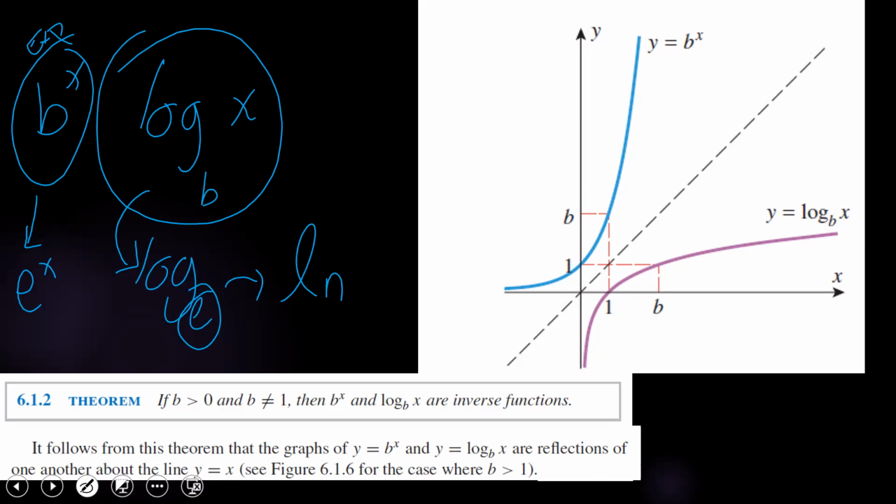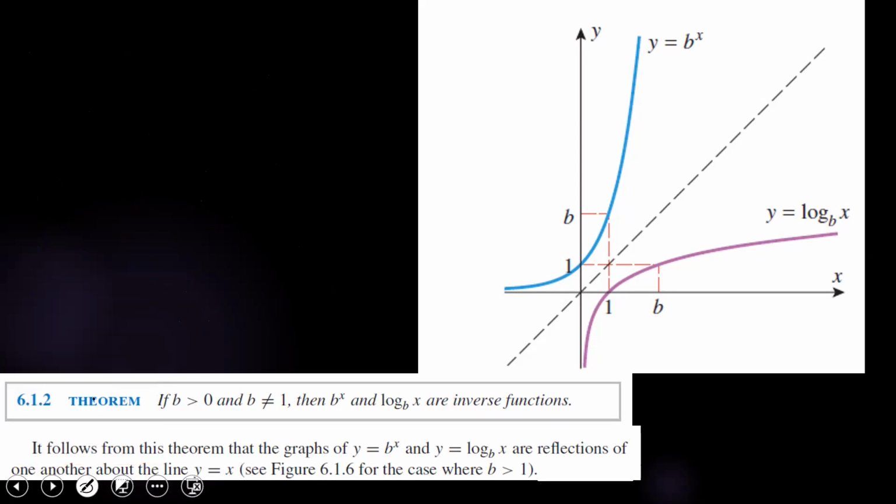But if we have an exponential function with the base e, we call it the natural exponential function. Logarithm to the base b of x is a logarithmic function, but logarithm with the base e, we will not just say logarithm. It will be the natural logarithmic function, or ln. Tomorrow, inshallah, I will tell you about this new type of logarithmic function.